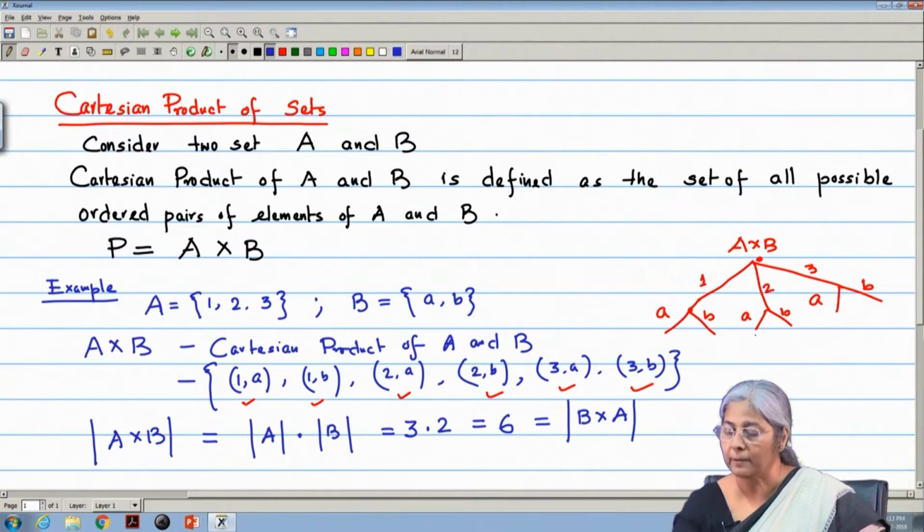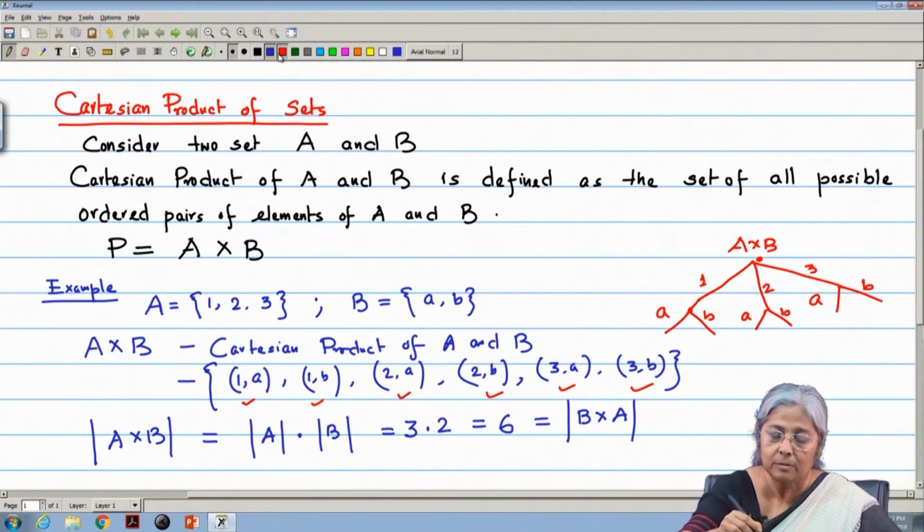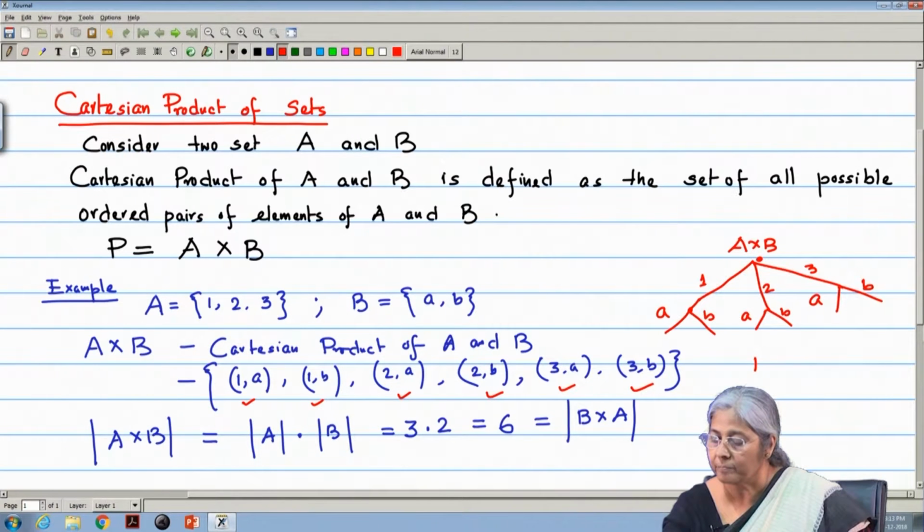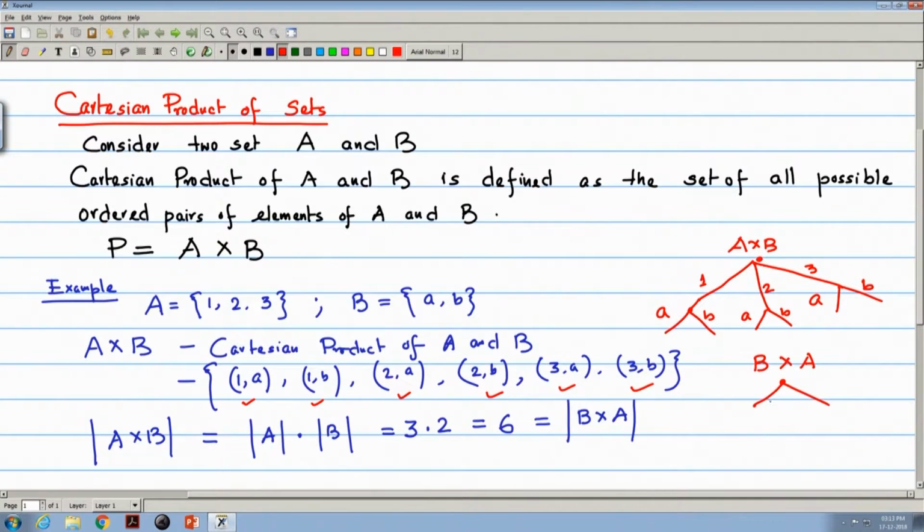This is equal to the cardinality of B cross A. What is B cross A? If we see B cross A, then B has 2 branches, 2 elements, a and b, and A has 3 elements 1, 2, 3.